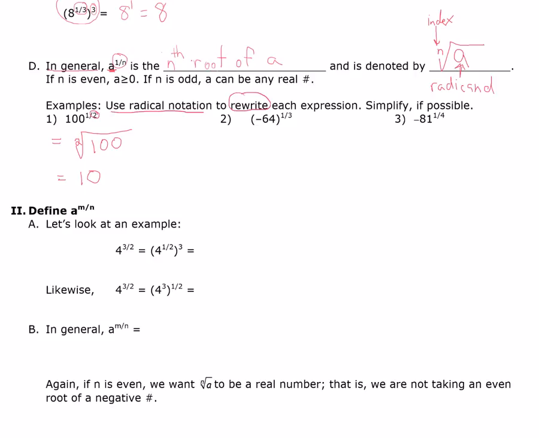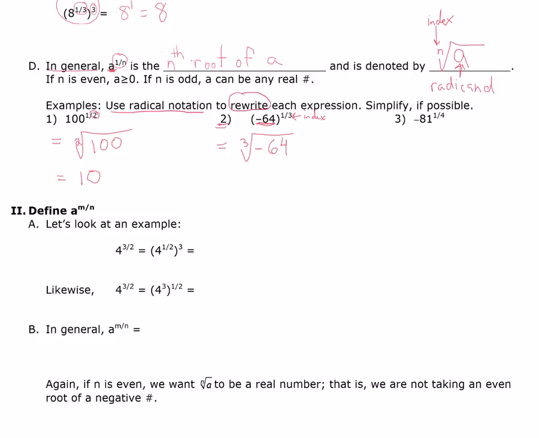Let's move on to number 2. We have negative 64 raised to the 1/3 power. According to what we just said, this is the third root, because the number in the denominator is our index, and this base is our radicand, so that goes on the inside.